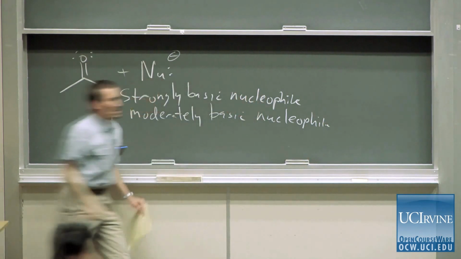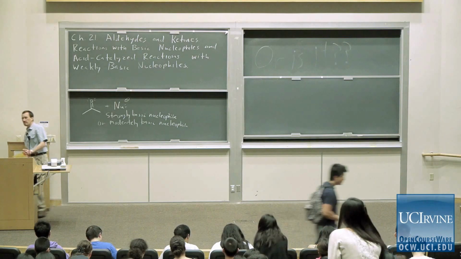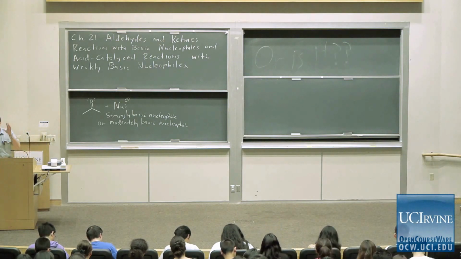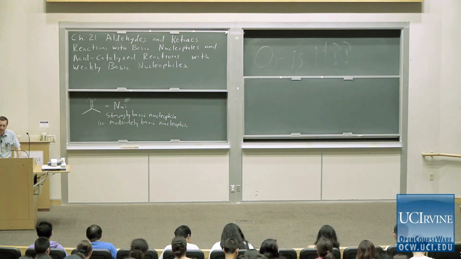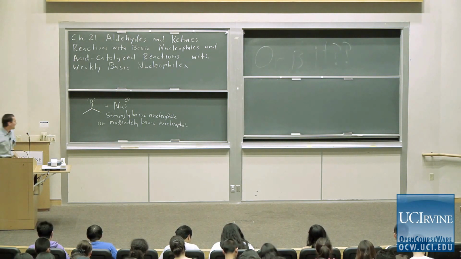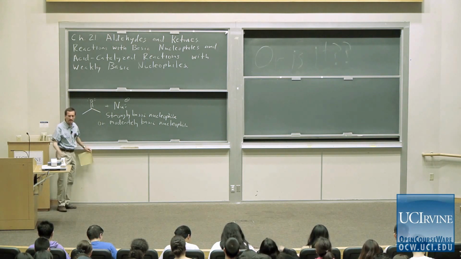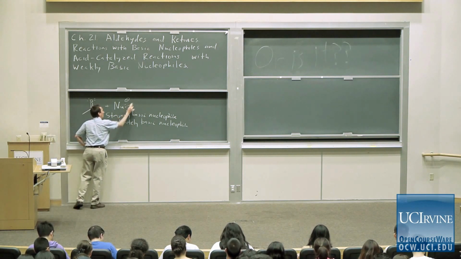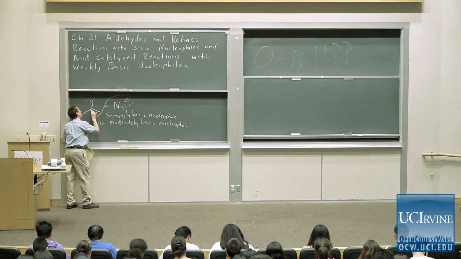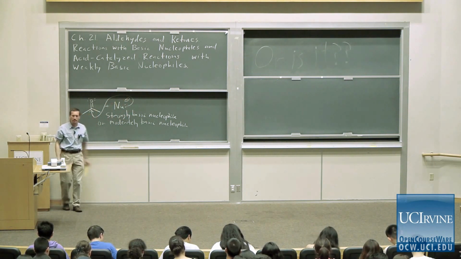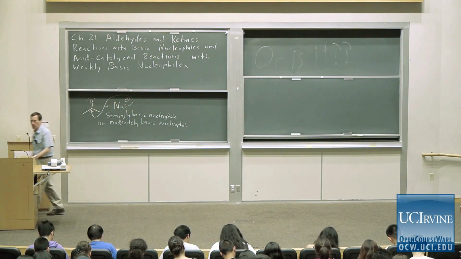In either of these types of conditions, a carbonyl compound, a ketone or aldehyde more specifically, is electrophilic enough at the carbonyl carbon that the nucleophile is going to attack the carbonyl. We've already seen this reaction. Electrons flow from the nucleophile to the carbonyl carbon.